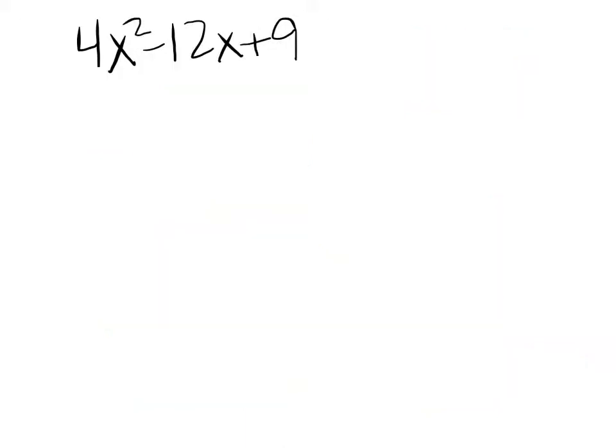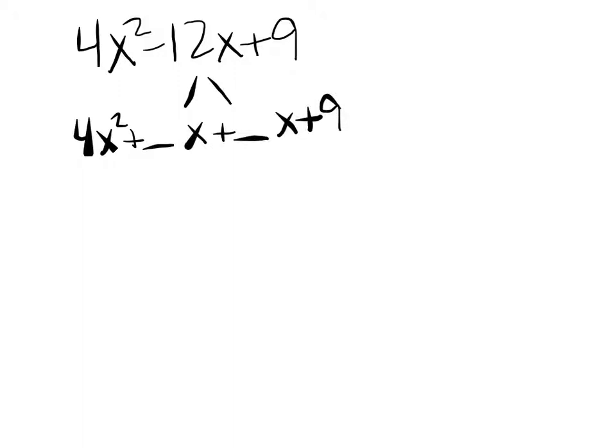4x squared minus 12x plus 9. It's got to be one of our special cases. So I'm going to start out thinking about GCF. Is there a GCF out of these? Nope. Okay? So it's not a difference of squares, even though there are some squares in it. So let's go ahead and factor this by grouping, just to see what's going on. We have 4x squared plus something times x plus something times x plus 9.